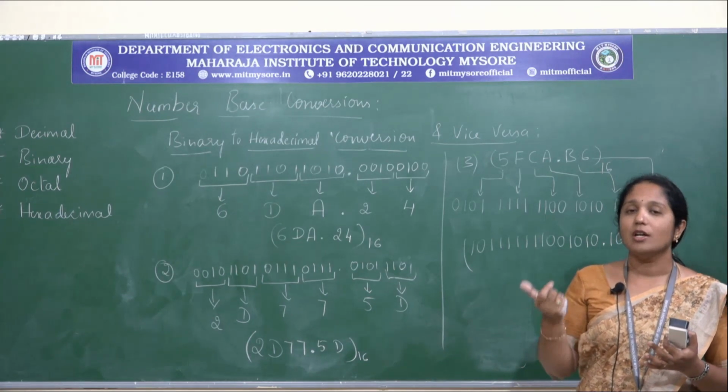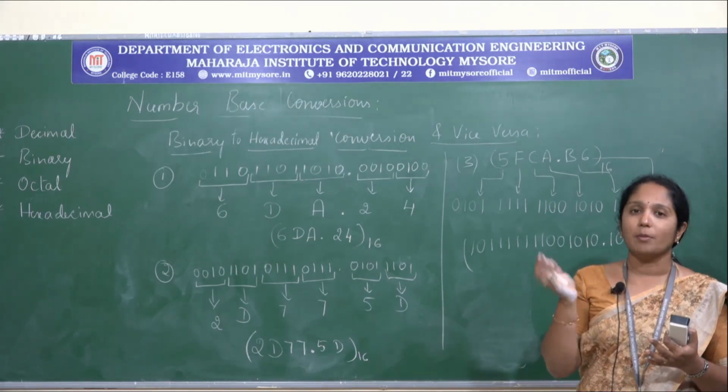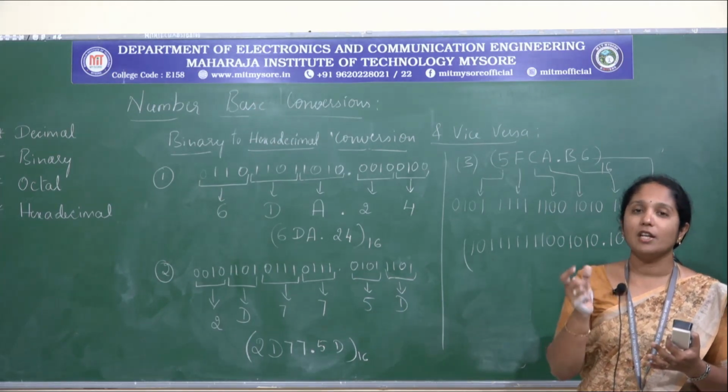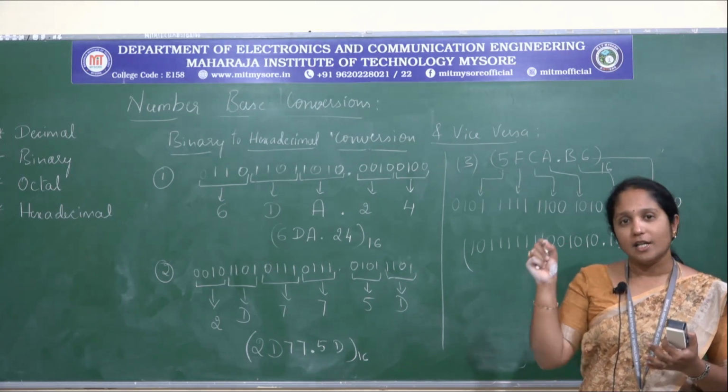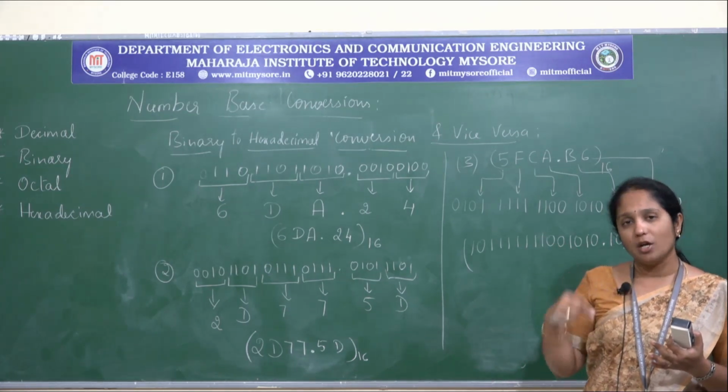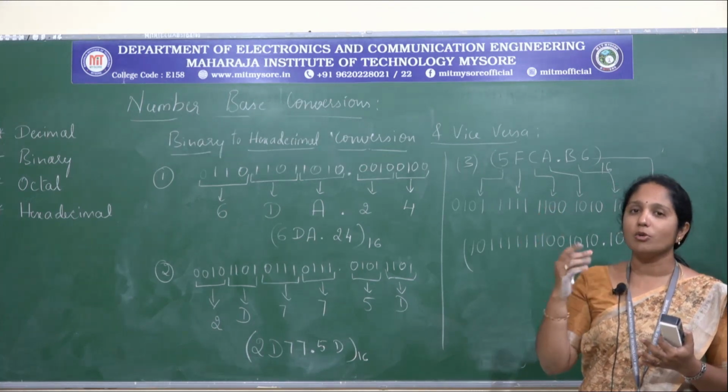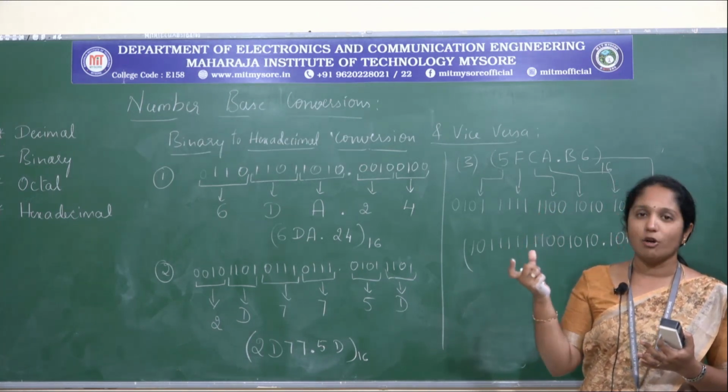For the number which is present before the decimal point, we need to successively divide by 2 and record the remainders, and we need to read from bottom to top in order to express the binary equivalent of it.